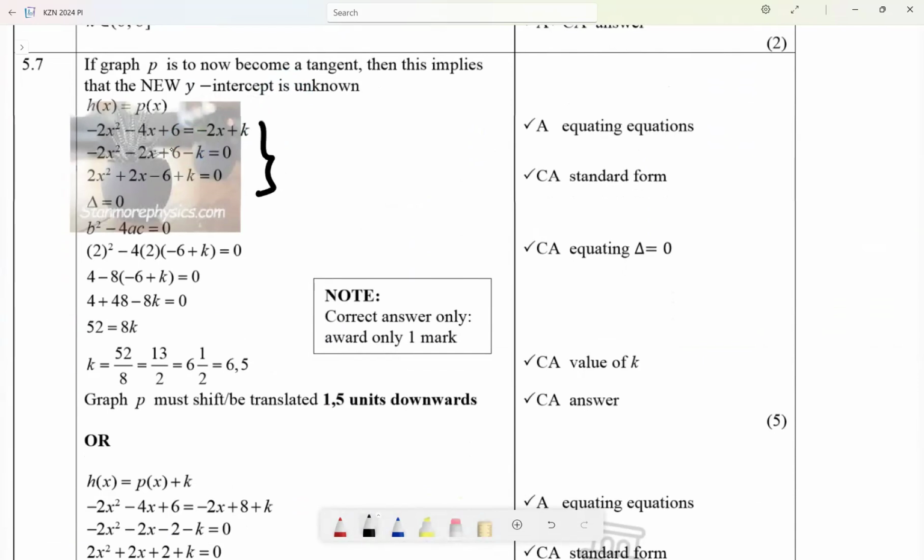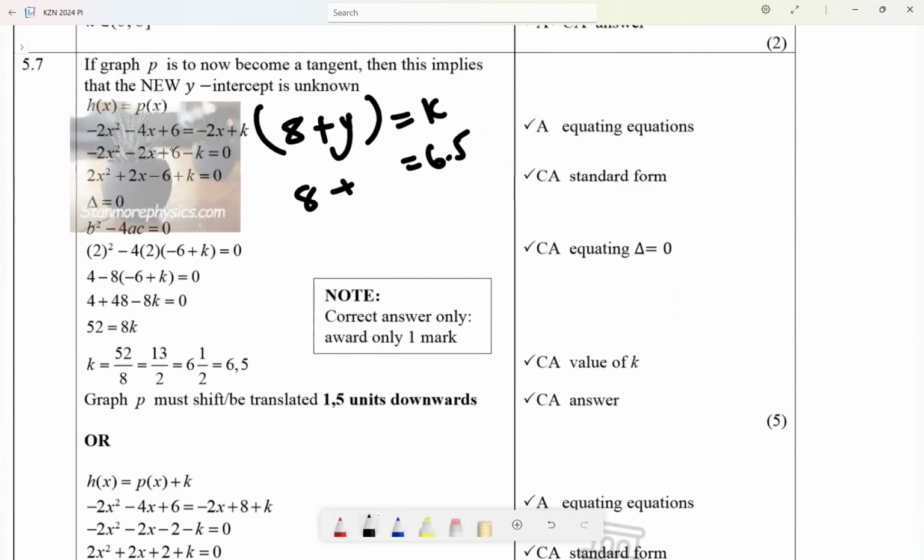Then they simplify and maneuver around. Here, they found K as 6.5, but can you see they ignored something there? K is 8 plus something: 8 plus the new y value is equal to K. They got K as 6.5, right?